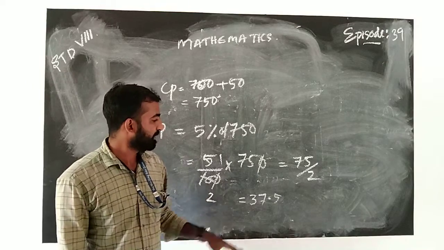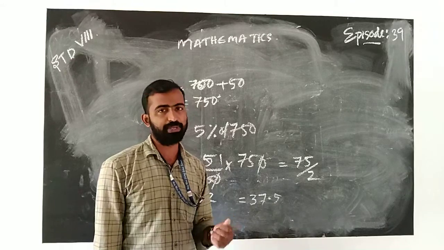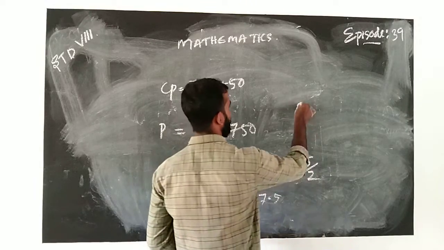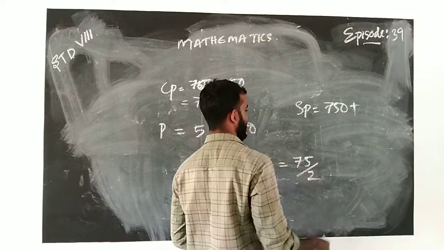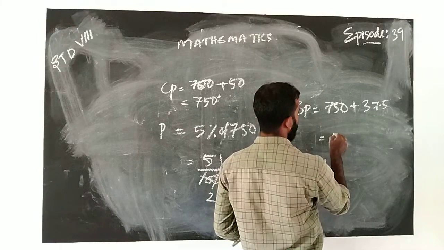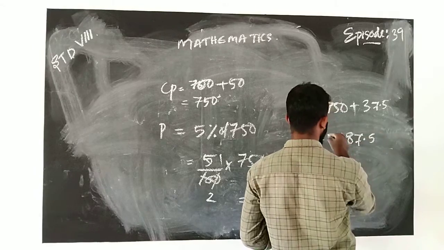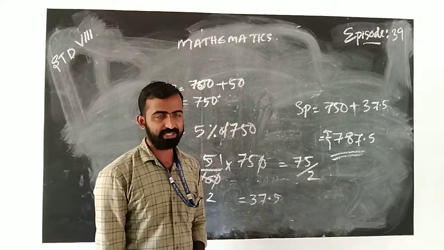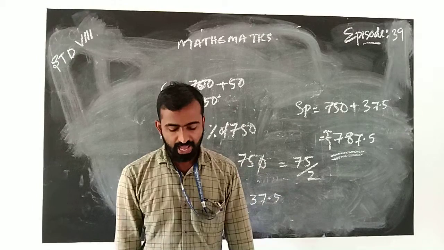Profit is 37.5 rupees. So the total selling price is 750 plus the profit 37.5, which gives 787.5 rupees.